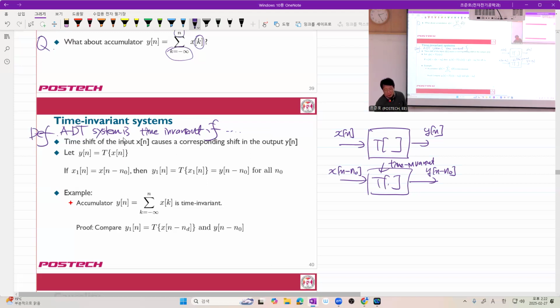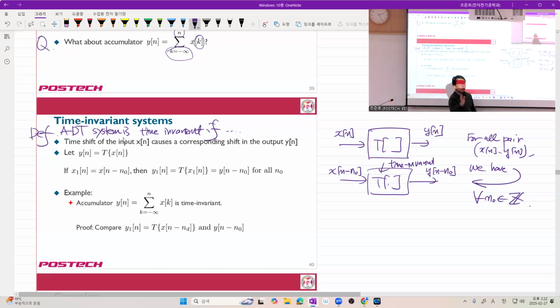And this property must hold for all pairs x[n], y[n], for all n0, an integer. Got it? So this property must hold for every possible input-output pair. Of course, here I do not say that every possible x can be combined with every possible y.